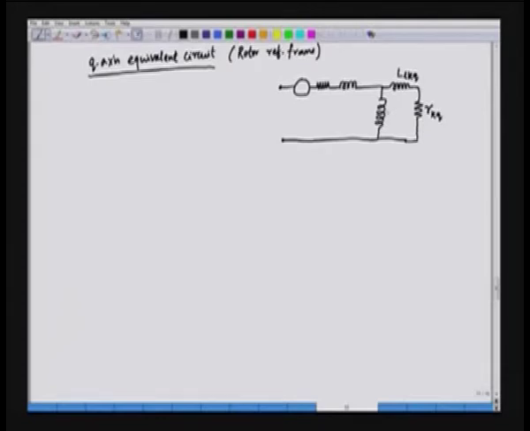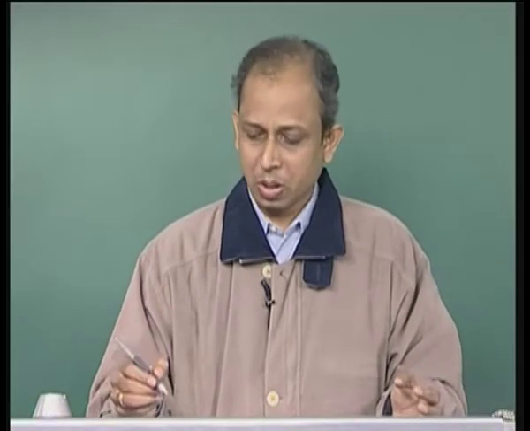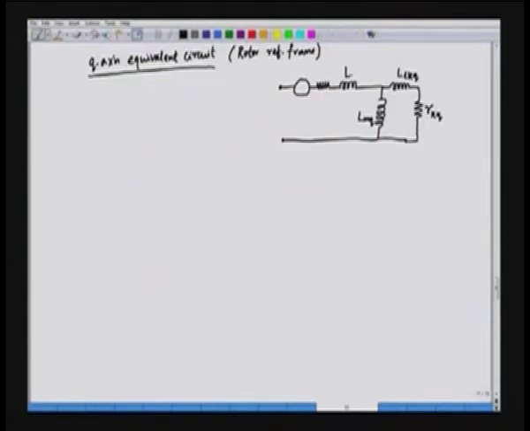Then here the magnetizing inductance is LMQ in the q axis. The stator leakage inductance is in fact the same because the stator is a symmetrical stator having 3 windings which are symmetrical. So, we have the same leakage inductance in the stator, that is LS.